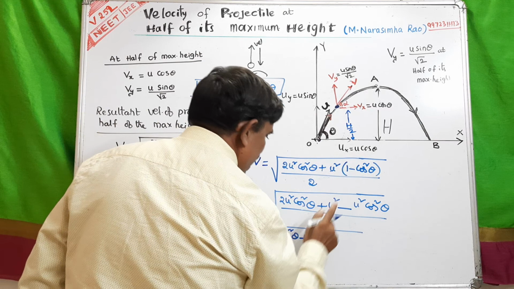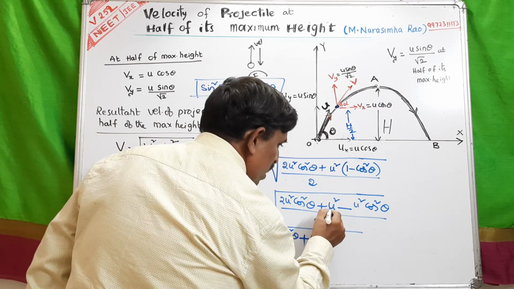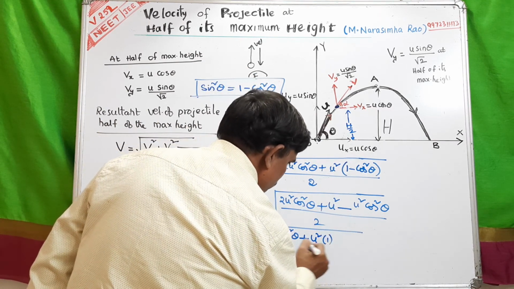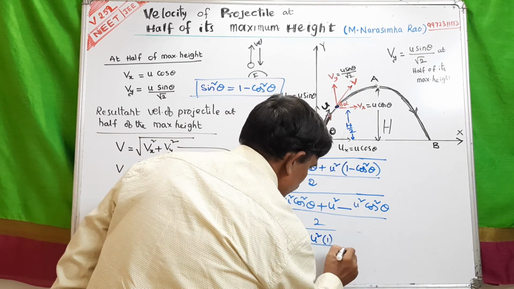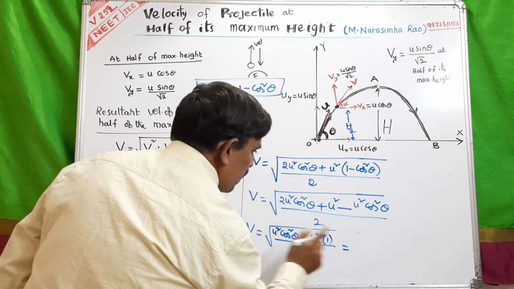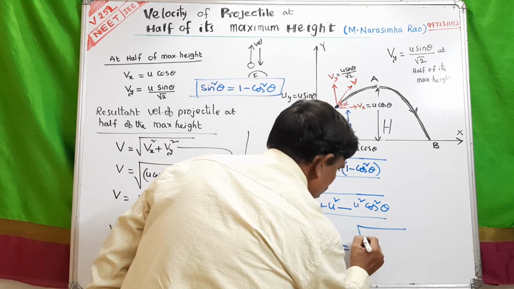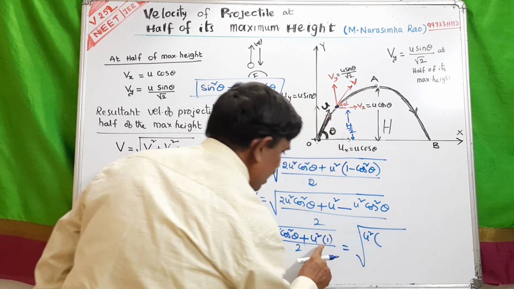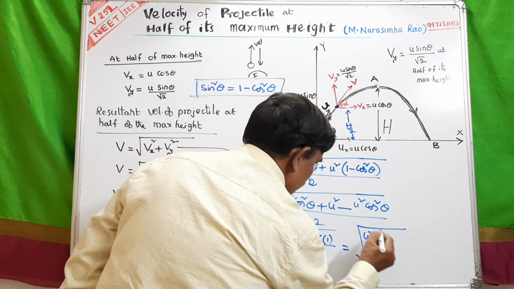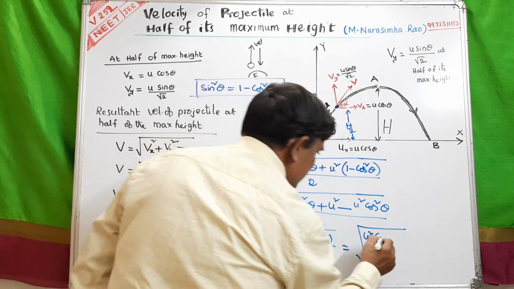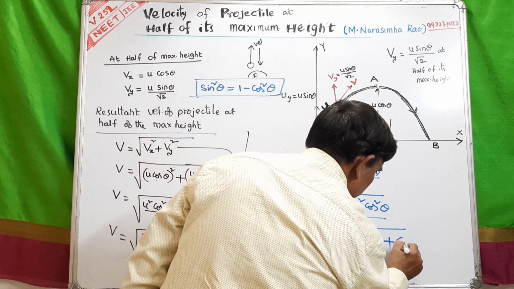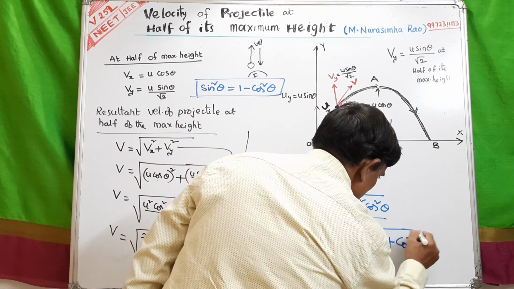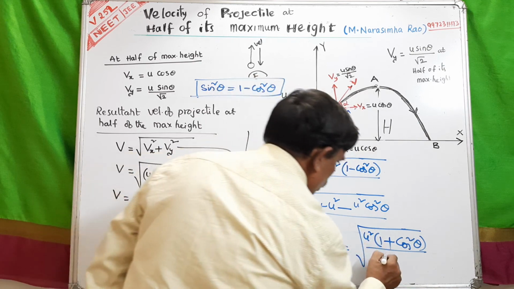Plus u square, I am writing as u square into 1, by 2. That is equal to u square common, 1 plus u square common cos square theta, divided by 2.